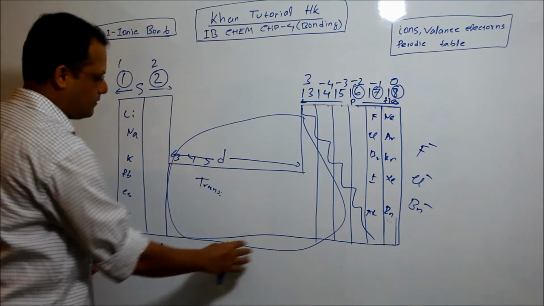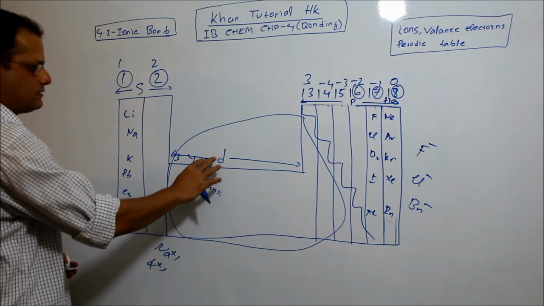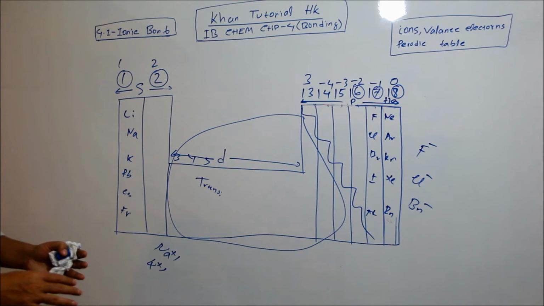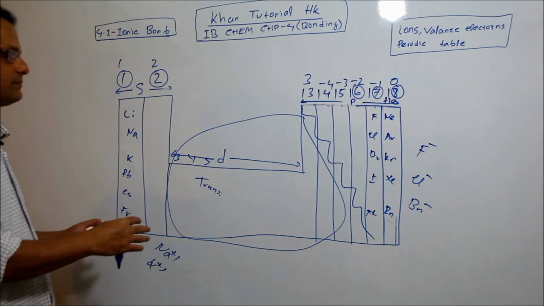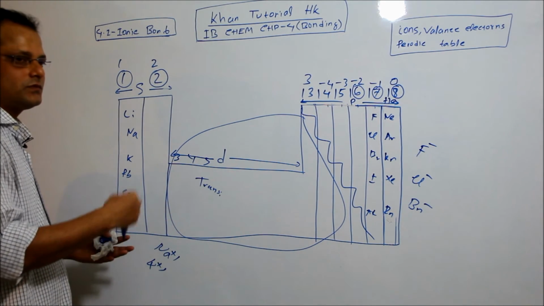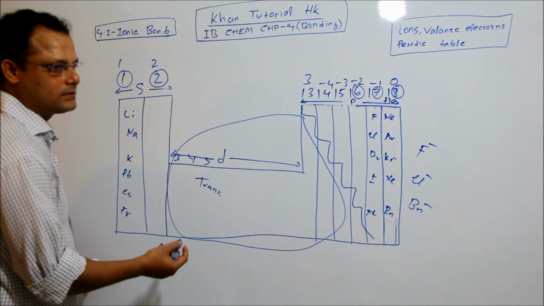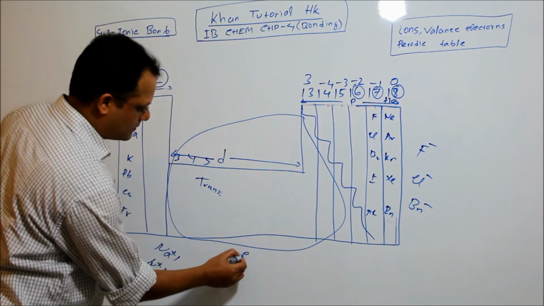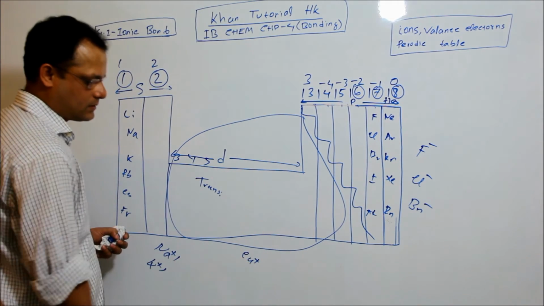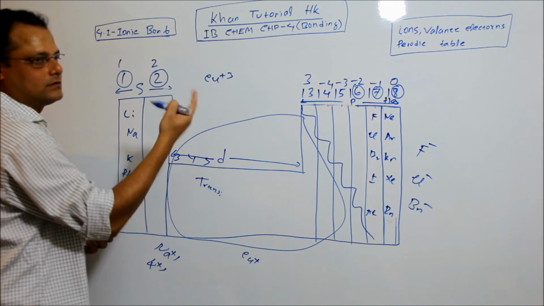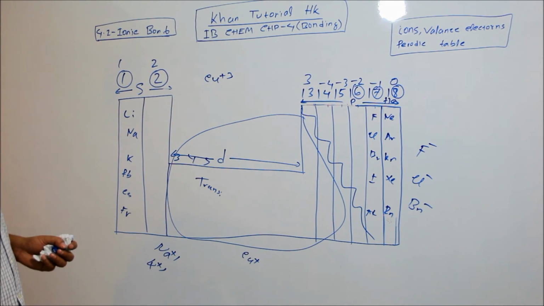These are all called transition elements, that is the d block, and their electron configuration is somewhat different. They can sometimes give 1 electron, sometimes 2 electrons, sometimes 3 electrons. Like copper can give 1 electron and become Cu+, or give 3 electrons and become Cu3+.